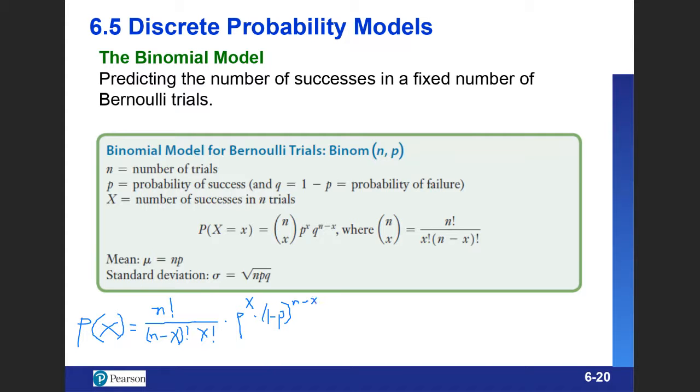So you can see here it's quite a long formula, but it's not really complicated.